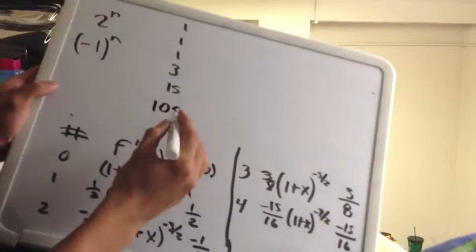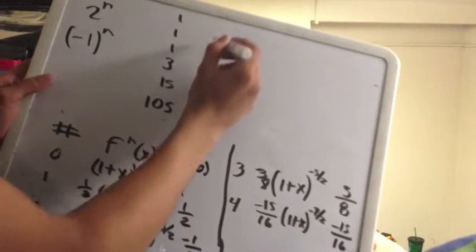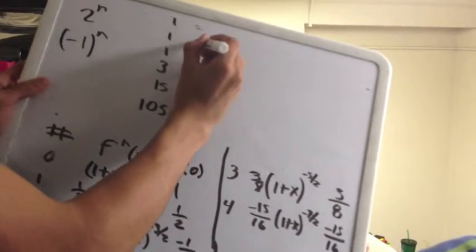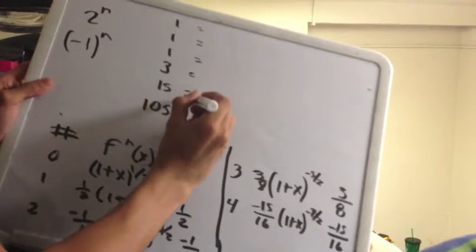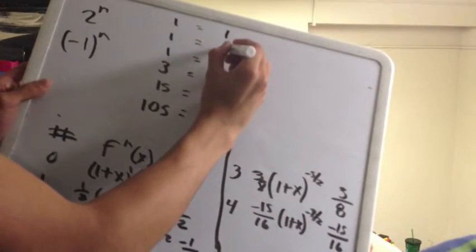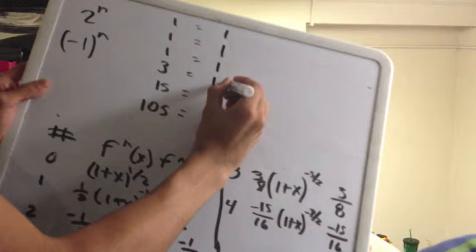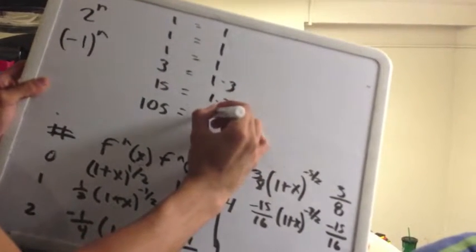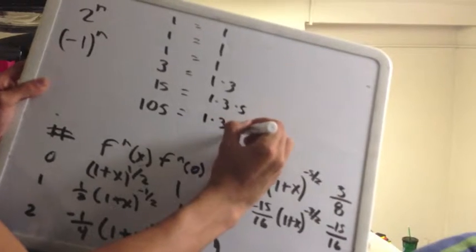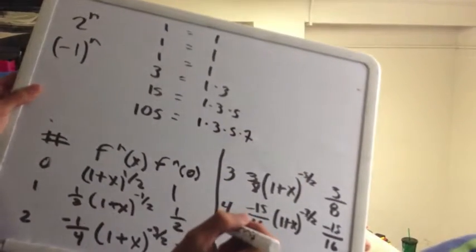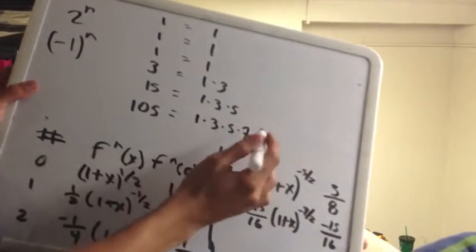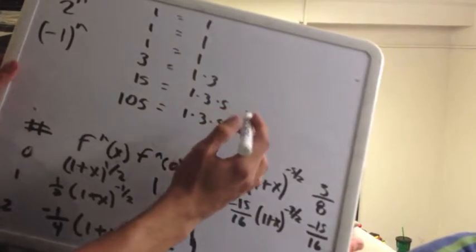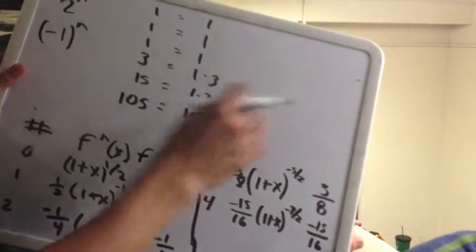This is a very strange pattern, but it's easier to see if you write it like this: 1 times 3, 1 times 3 times 5, 1 times 3 times 5 times 7. It's easier to see it like this, but it's still hard to find out what it is.